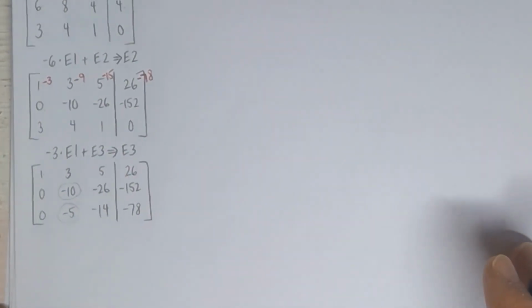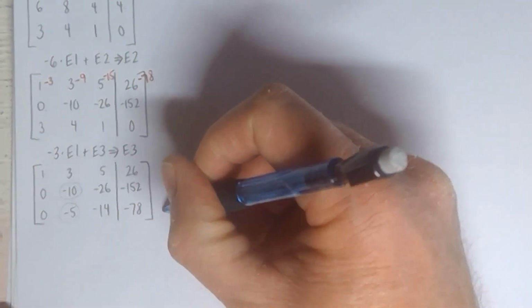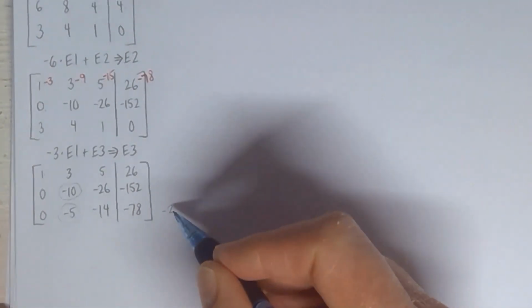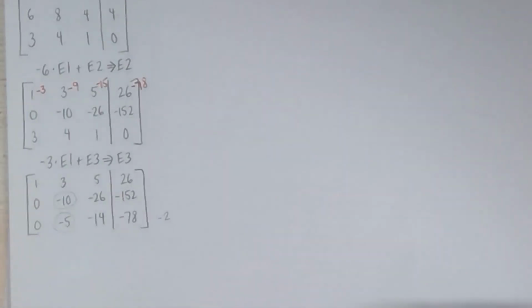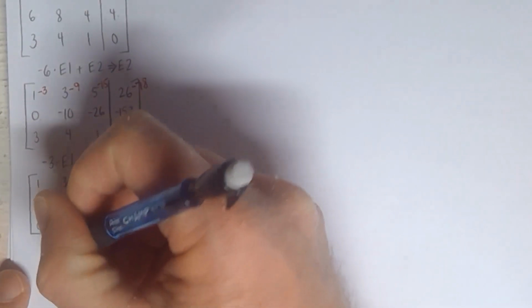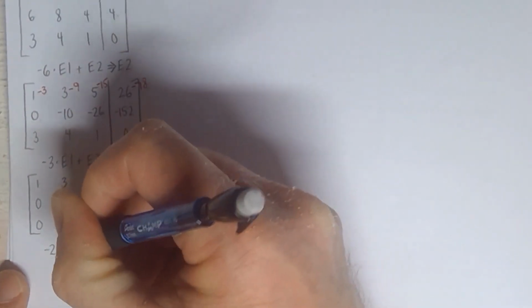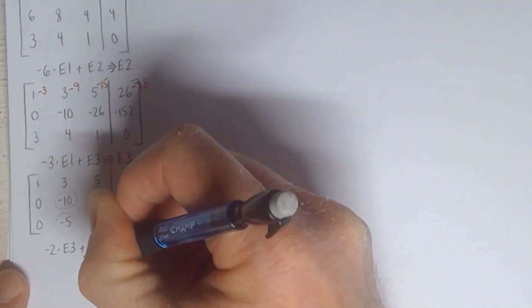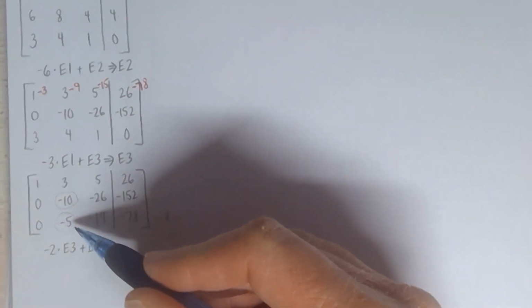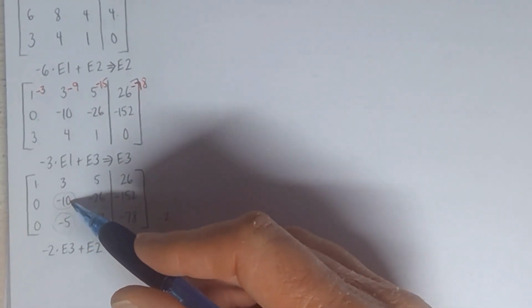In a similar way that we've been doing it here, if I multiply the third row by -2, wouldn't that make this the opposite of this up here? Because it would make this 10, wouldn't it? So let's do that here. Let's go -2 times the third row. We're going to add that to the second row because then at that point you'll have +10 and -10.